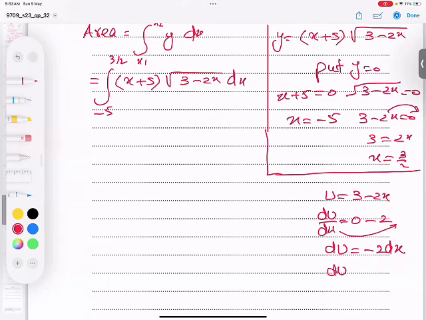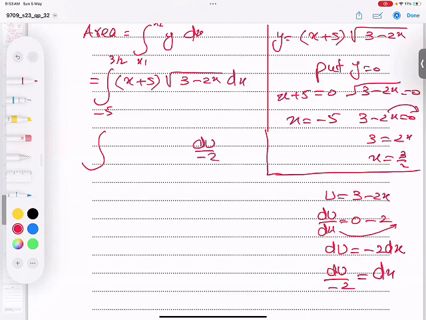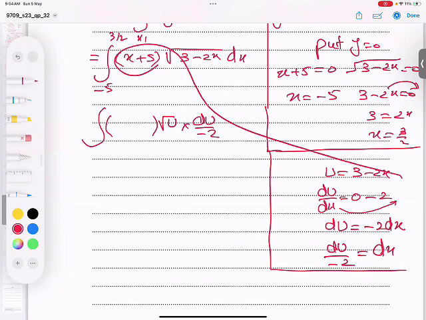So du divided by -2 is equal to dx. I'm going to plug this value in here, so du over -2. Now this is totally matching, so this root u is not hard. Now the trouble is coming in here, not a big trouble, so I will try to solve this one now.